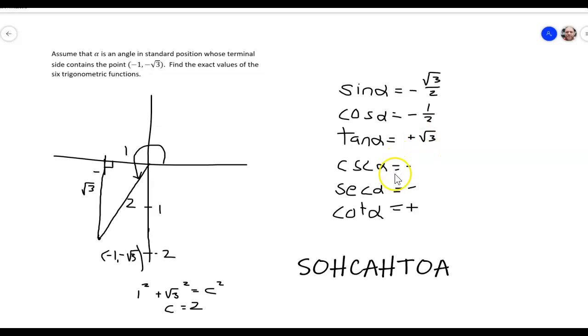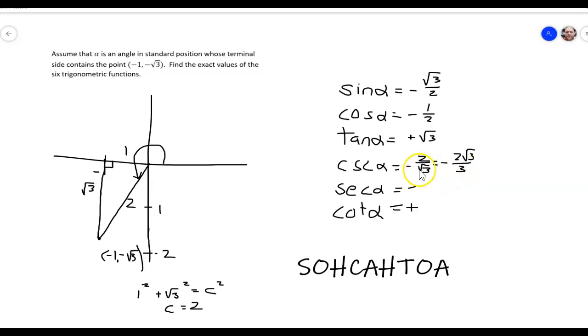The cosecant will be 1/sine, so that's going to be 2/√3, just the reciprocal of that. If we want to rationalize that denominator, we can write that as -2√3/3. Either one of those is fine.